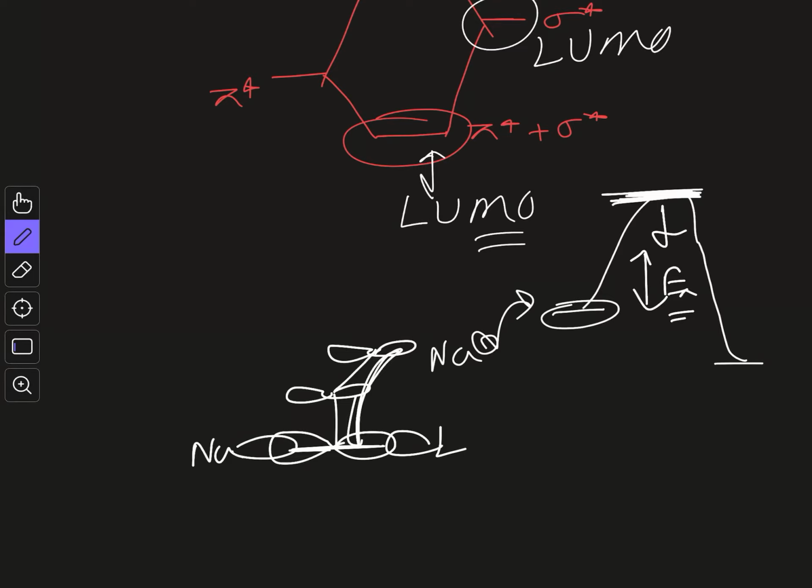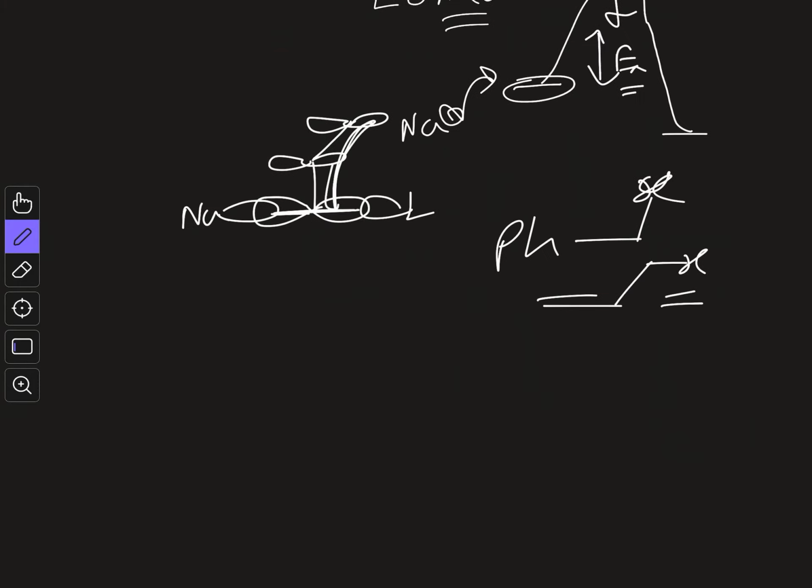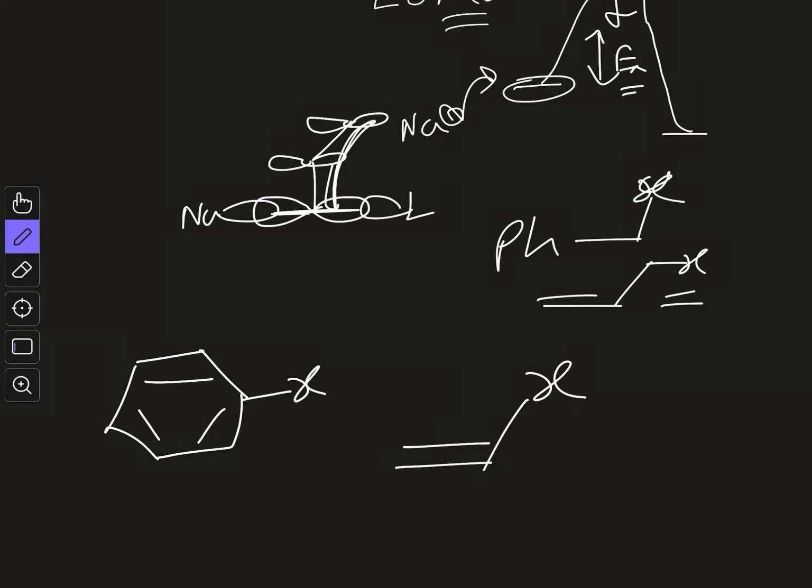So that's why these benzylic, PhCH2X, or allylic substrates are very good at SN2 reaction due to this conjugation in the transition state. But if you look into other similar-looking substrates, like the normal aryl halide or vinyl halide like this, they are very bad at both SN2 and SN1 reaction.